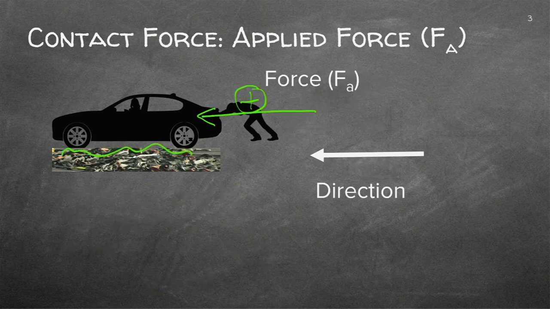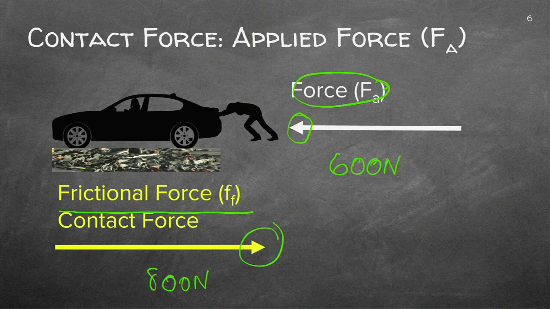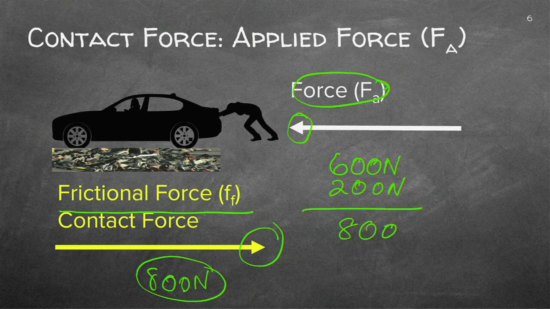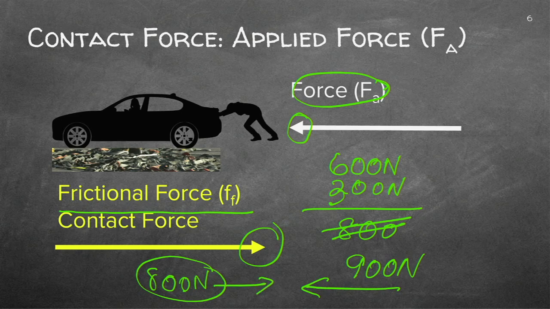So this frictional force will have to be, as we say, overcome. If I add another 200, I've got a balanced force, the 800 and the 800. If this is, however, 900, then I actually have 900 newtons exerted to that side and 800 to this, and now this car will start moving.